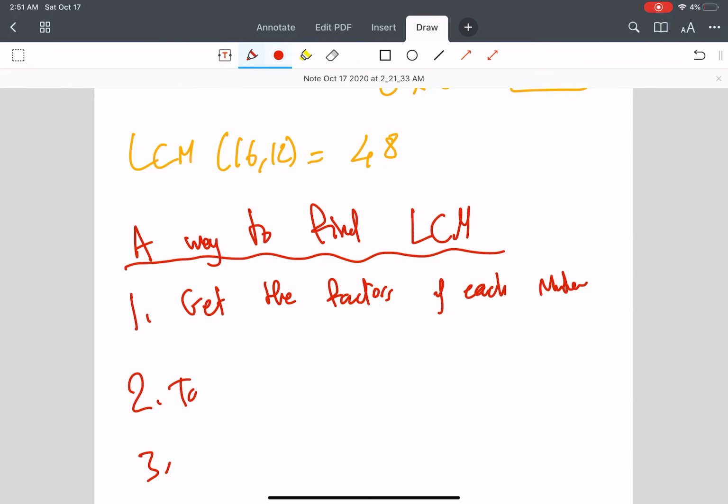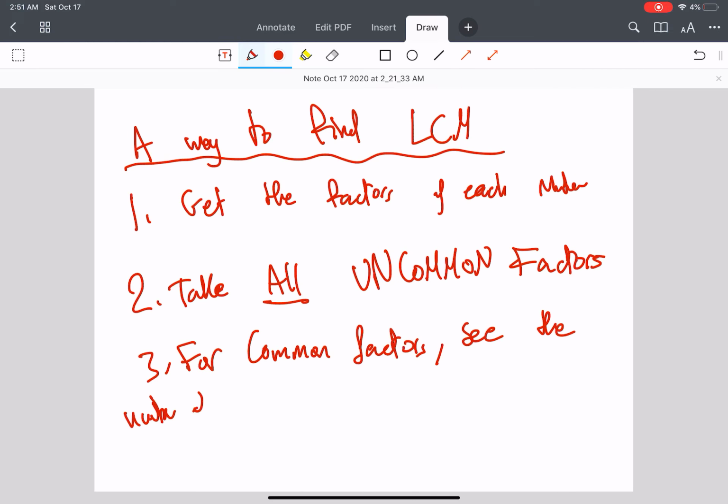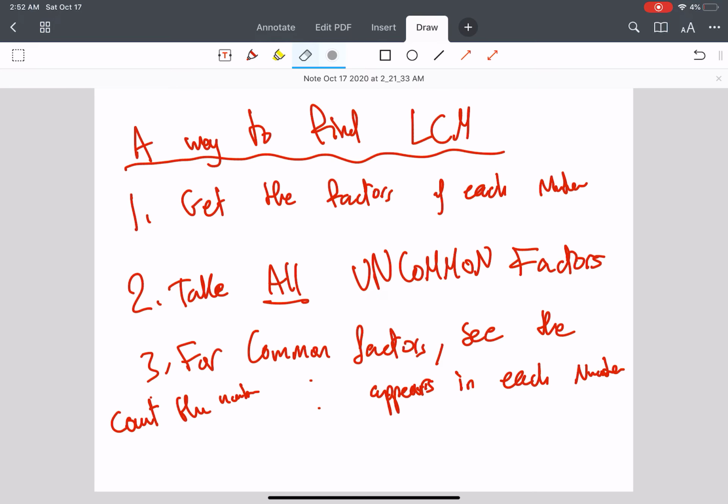Number 2, take all uncommon factors. Number 3, for common factors, count the number of times each appears in each number and take the greatest.